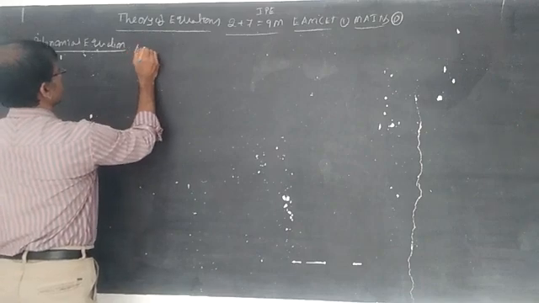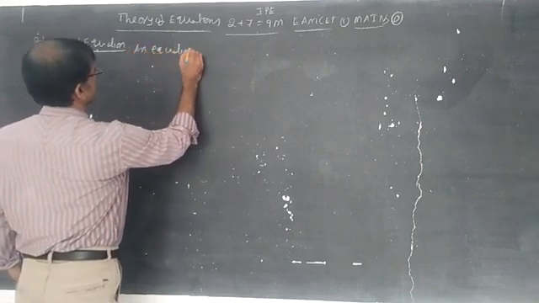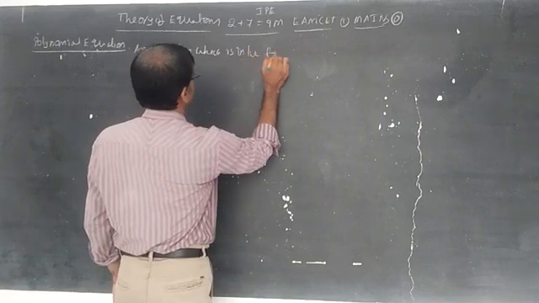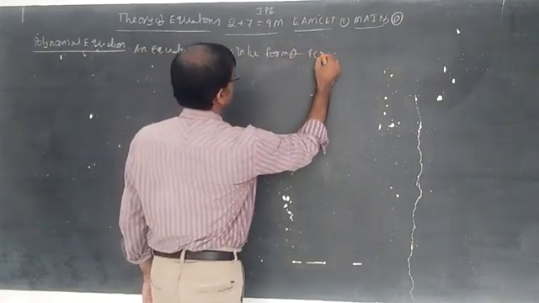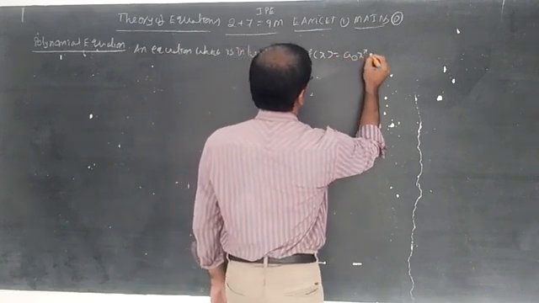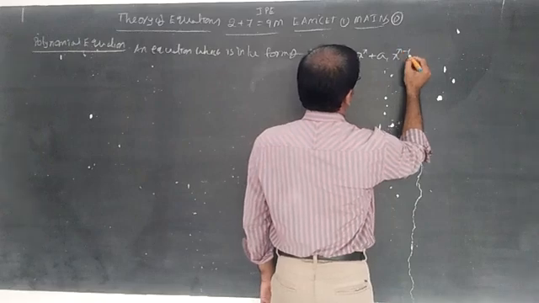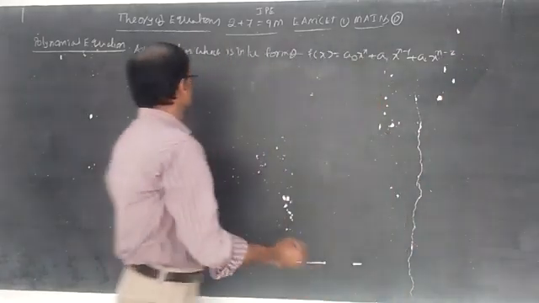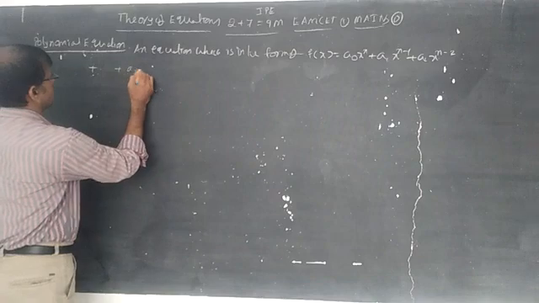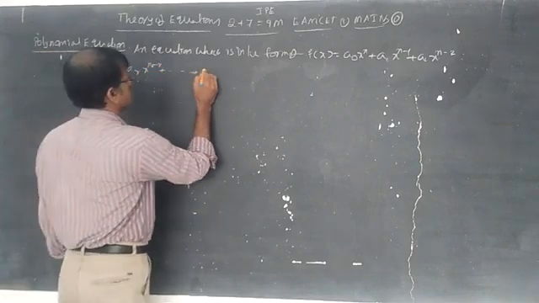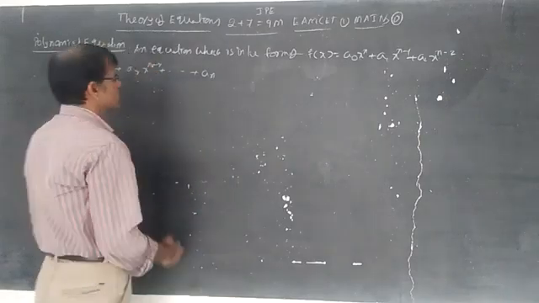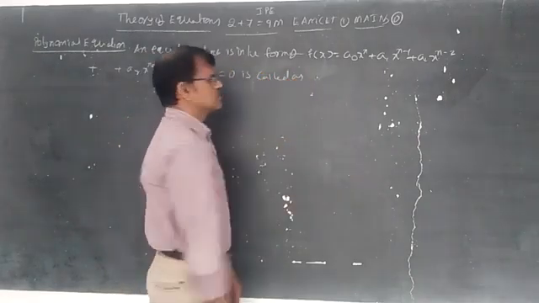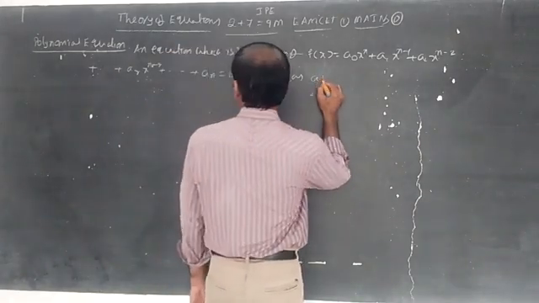An equation which is in the form of f of x is equal to a naught x power n plus a1 x power n minus 1 plus a2 x power n minus 2 plus so on ar x power n minus r plus so on an, where a0, a1, a2, a3 so on until an, is equal to 0, is called a polynomial equation.